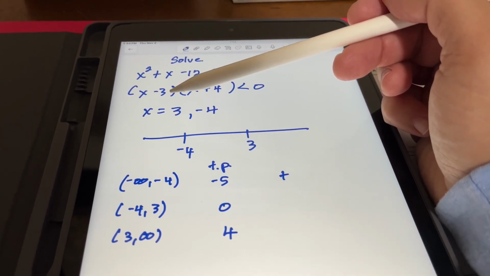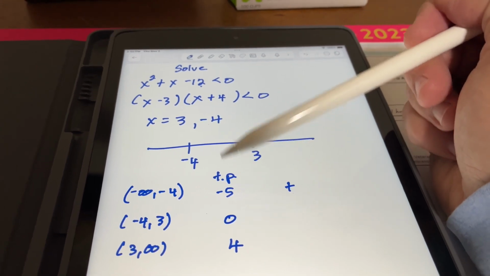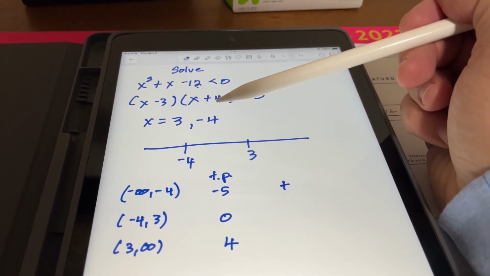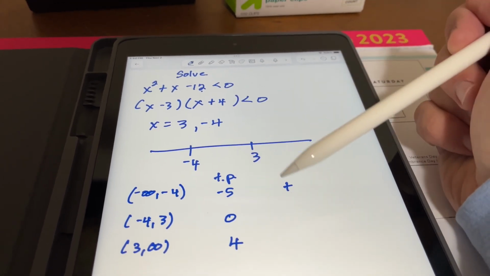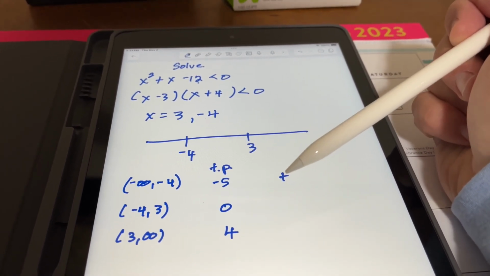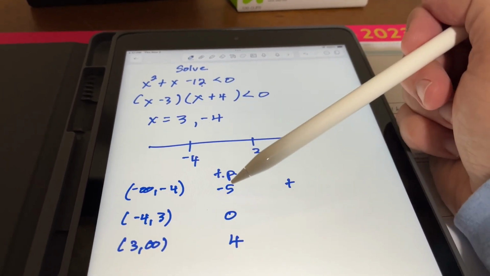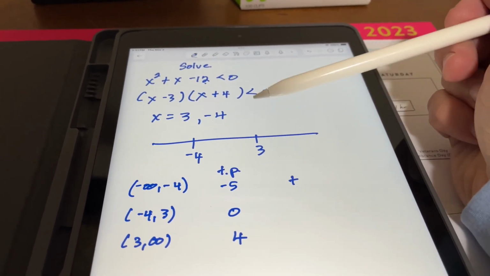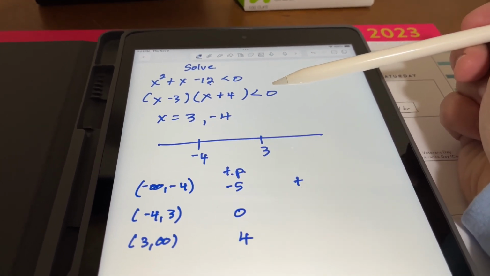You might want to write it down if you have trouble doing that. And then I'm going to put negative 5 right there. Well, negative 5 plus 4 is negative 1. Well, negative 8 times negative 1 is a positive. A negative times a negative is a positive. So the answer to this problem is not going to be in that region, because that yields positive answers. And what we're looking for is negative answers, things that are less than 0.